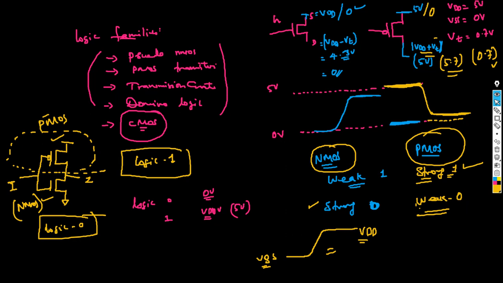Okay. Now you guys learned your PMOS, I mean, CMOS. Yeah, go ahead. No, it will achieve weak one and weak zero, which is not preferred. Give me a minute, let me just explain.